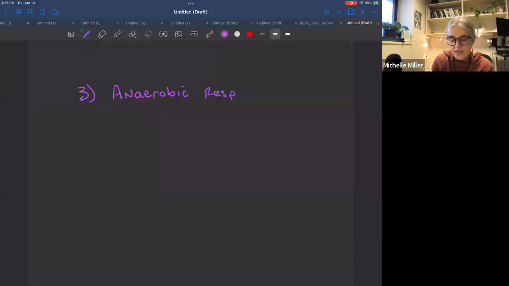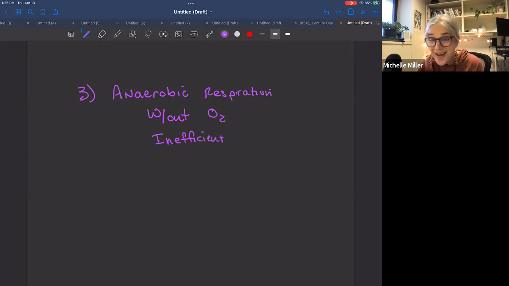So this is without oxygen. And it is inefficient. So it doesn't produce a lot of ATP, and it also produces lactic acid as a waste product.